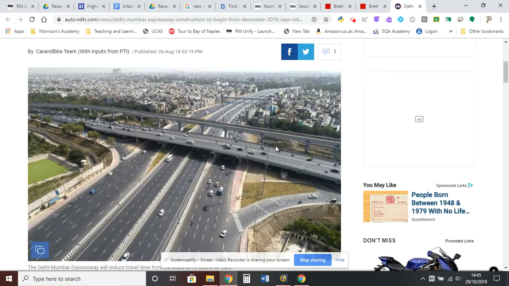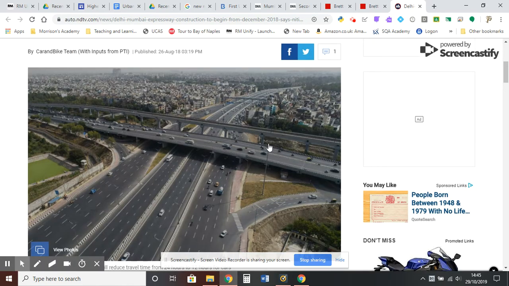And finally, this is a traffic solution of sorts. The idea here is building the new motorways to outlying cities. This one is the Delhi-Mumbai Expressway, but they've built many of these large expressways to other cities leading away from Mumbai.